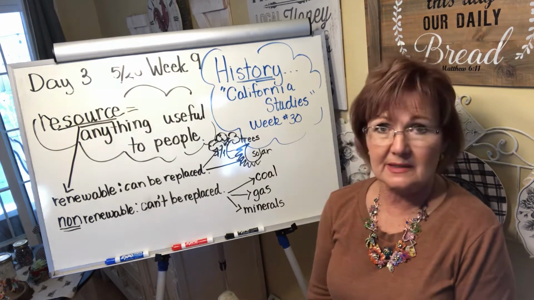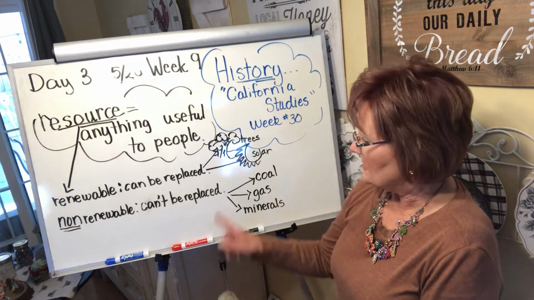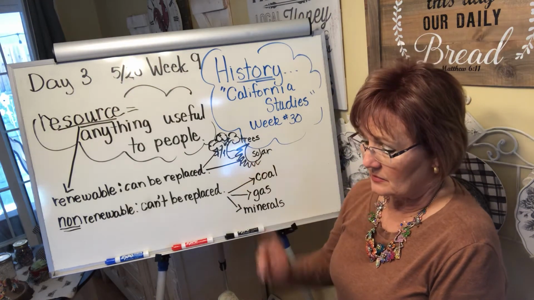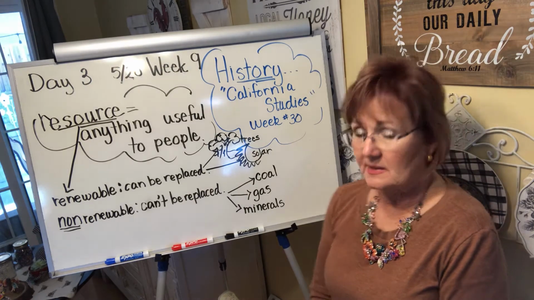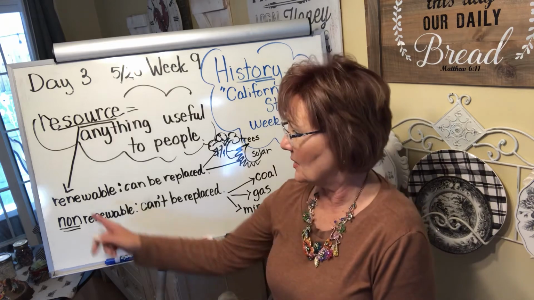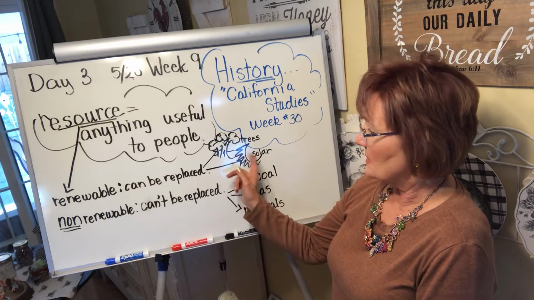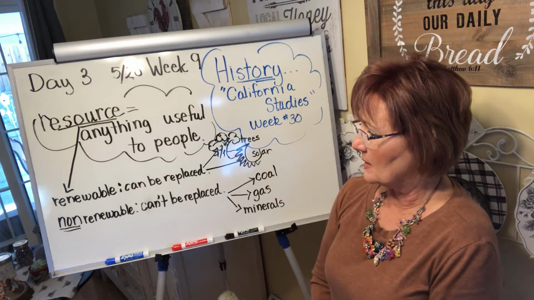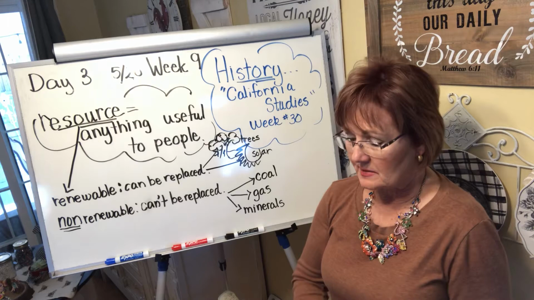You're not going to put a seed in the ground and by tomorrow you've got yourself a new tree, right? But solar power, that's another story. That is very easily replaced because the sun shines most all the time, right? So those are renewable. Wood, trees, sun, right? Renewable. Wind, water, those are two others.